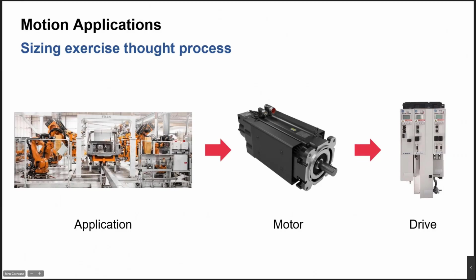Once we have the application details, we run through a sizing in the Motion Analyzer, which I'll show you today, and then select our transmissions, our motors, and lastly the drives.